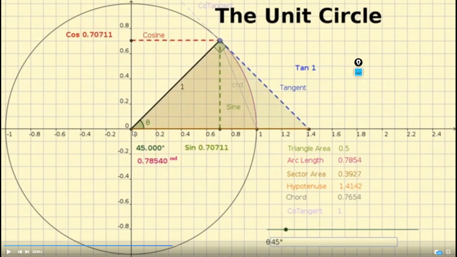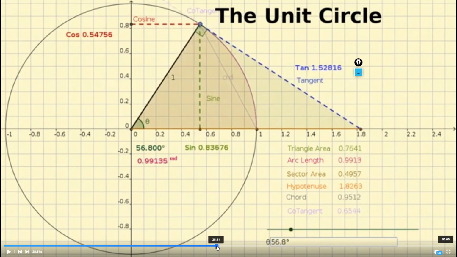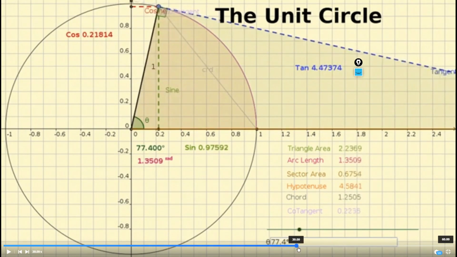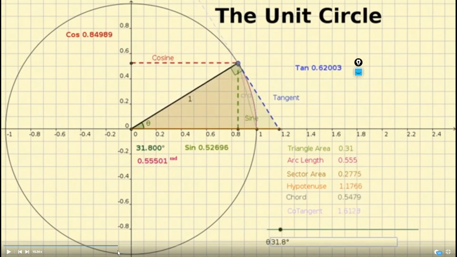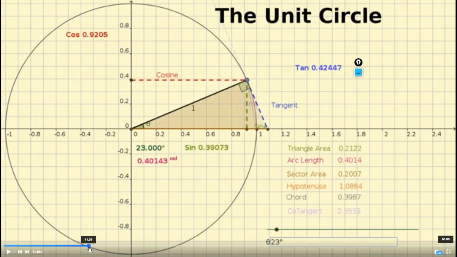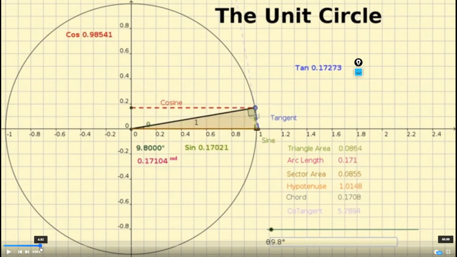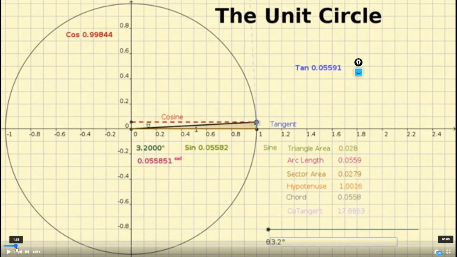Okay, when you're halfway there, the closer we get to 90 degrees, the bigger the y component becomes, and the smaller the x component becomes. And the closer to 0 we get, the smaller the y component becomes, and the bigger the x component becomes, because the x component, the cosine, is going towards 1, and the y component, sine, is going towards 0.